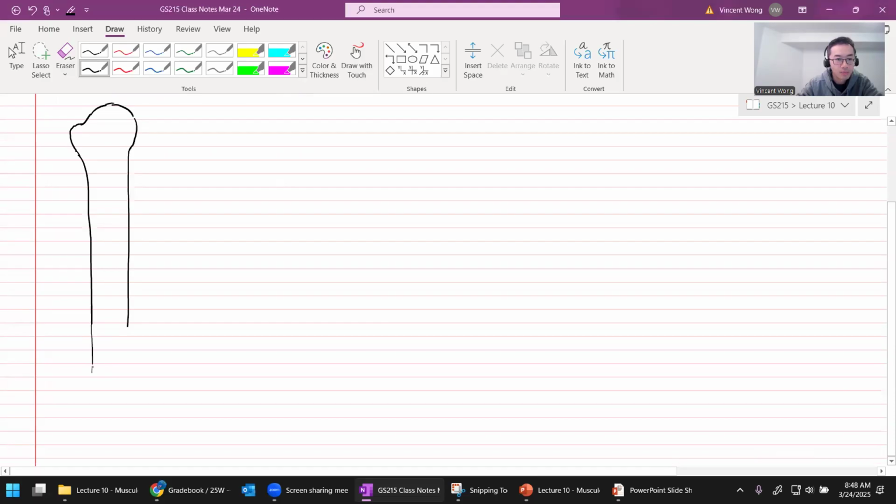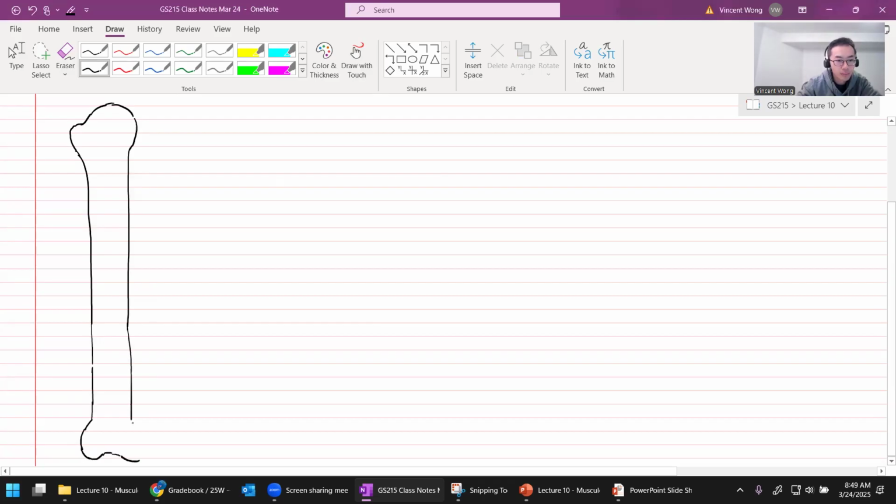An example of a long bone would be your humerus, the funny bone, which is right here. You also have long bones here, radius and ulna. And actually, your finger bones are also considered long bones, even though they are shorter than the funny bone. But because they're kind of rectangular in shape, we still call them long bones. So there is the long bone.